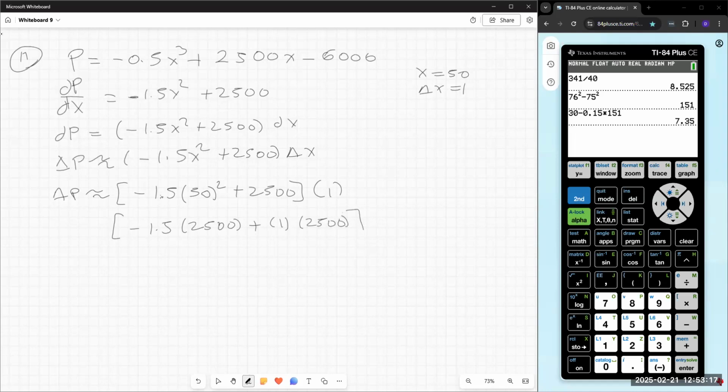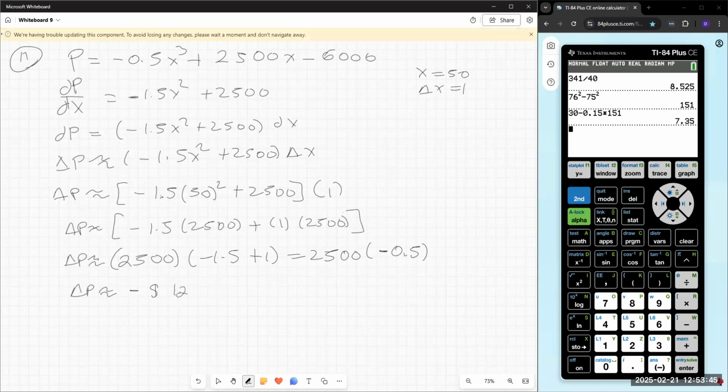Just putting that 1 in to be explicit because of what I have to do next, where I factor out the 2500 and make this negative 1.5 plus 1. 2500 times a negative 0.5, or a negative 1/2. That makes delta P approximately negative 1250.00.